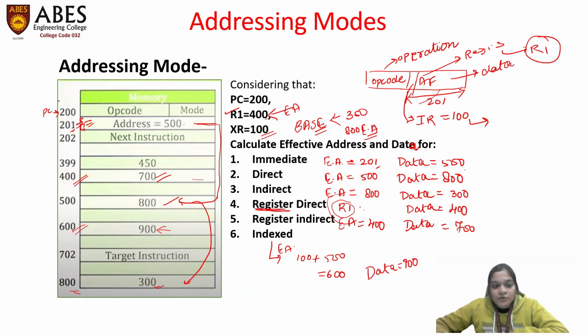Now let me give you one more example for auto-incremented and auto-decremented addressing mode. In this case, we need to fetch the address value given in the instruction set. So the instruction set stores the value 500. What we need to do is fetch the data at this location.